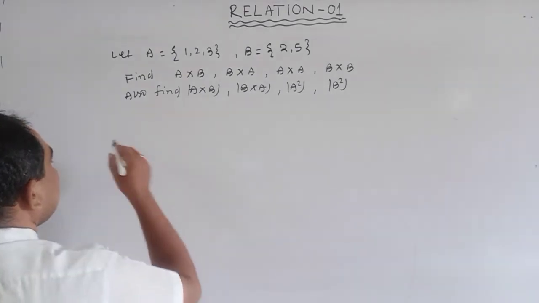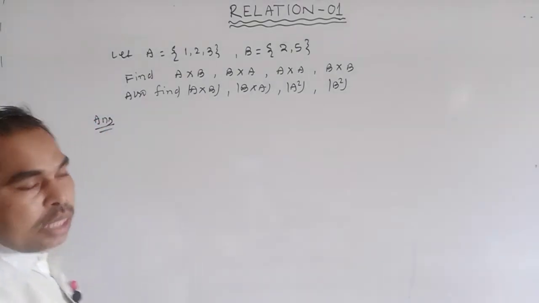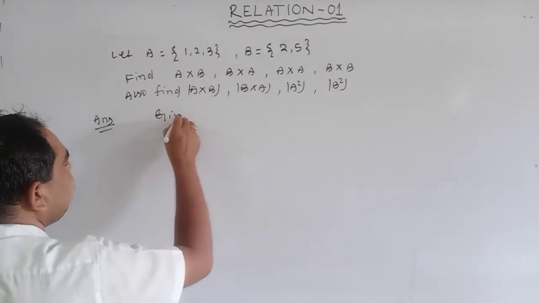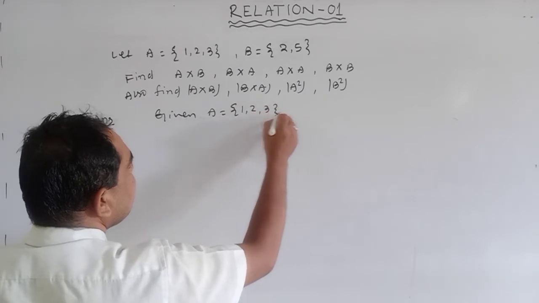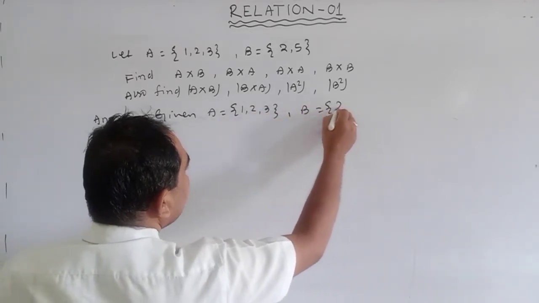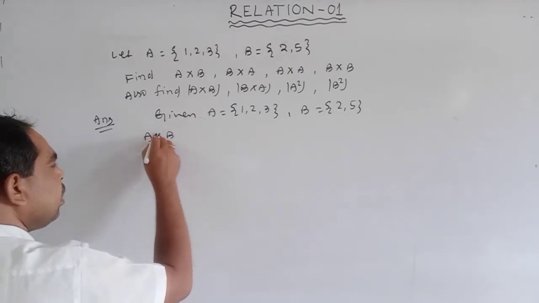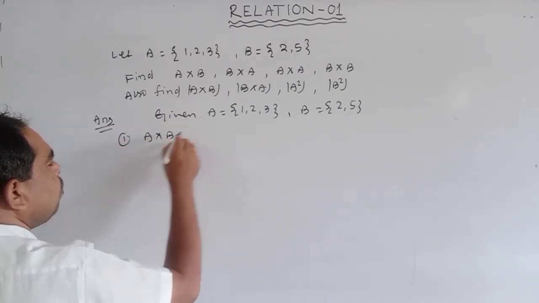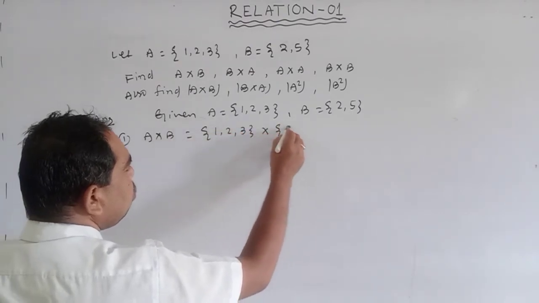Okay, so look at the answer. Given: set A is equal to {1, 2, 3}, set B is equal to {2, 5}. So A into B means {1, 2, 3} into {2, 5}.